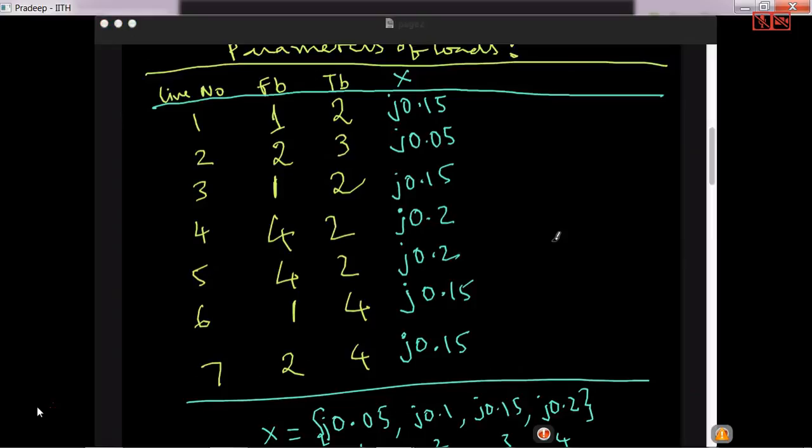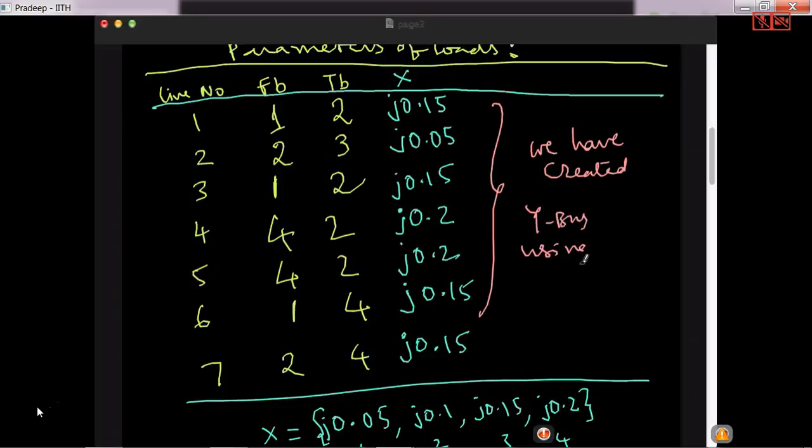This is the data we have created the Y-bus using. So now the Y-bus is created.